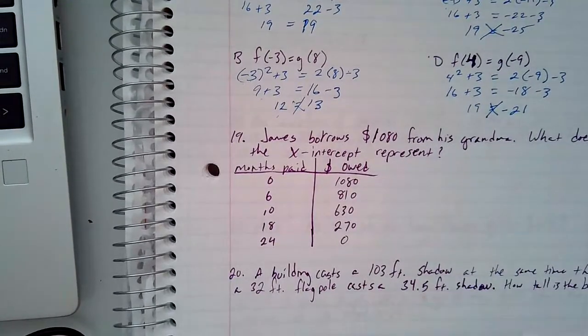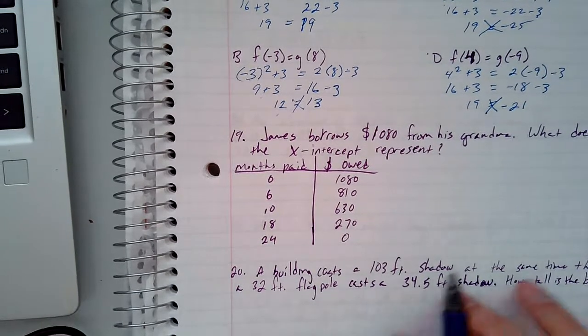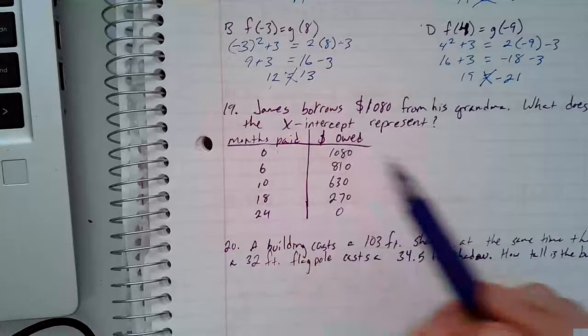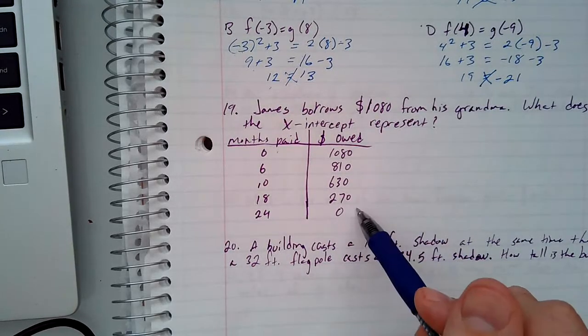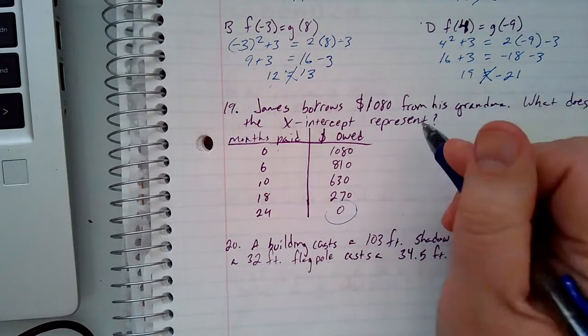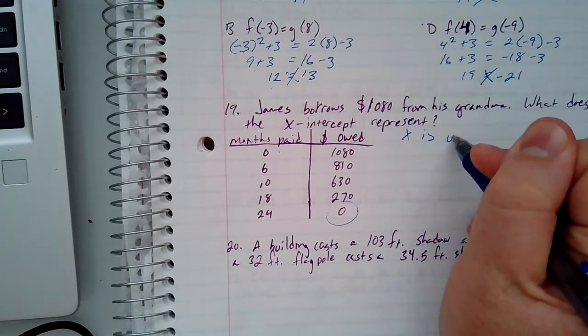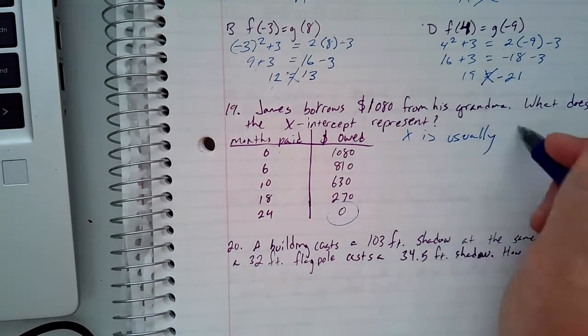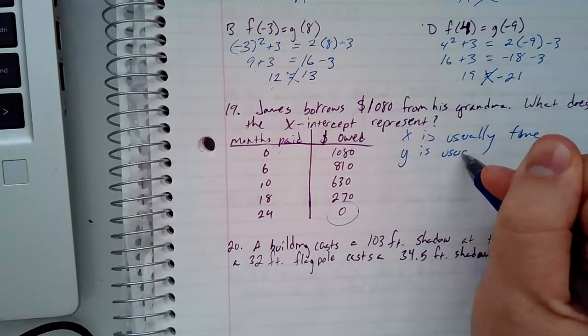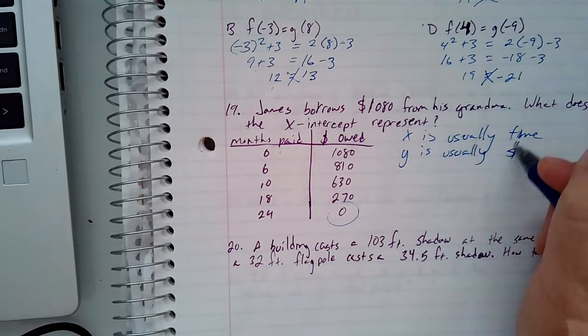19. James borrows $1,080 from his grandma. What does the x-intercept represent? What's true at the x-intercept? Is x 0 at the x-intercept? Or is y 0 at the x-intercept? Which one is x? Which one is y? Remember, x is usually time. Y is usually money.